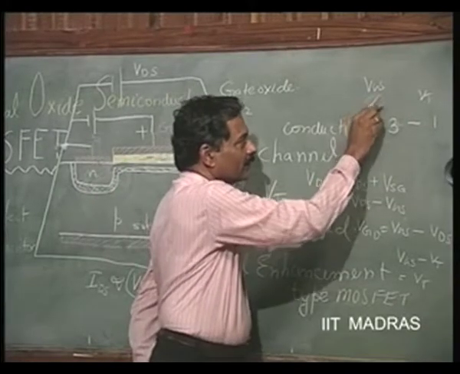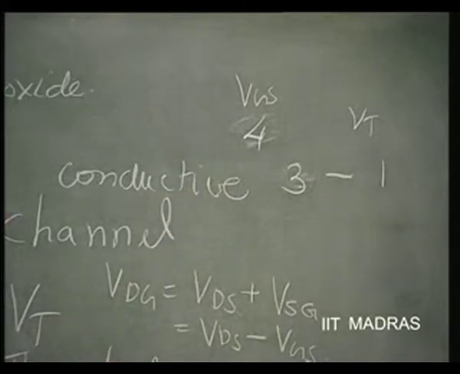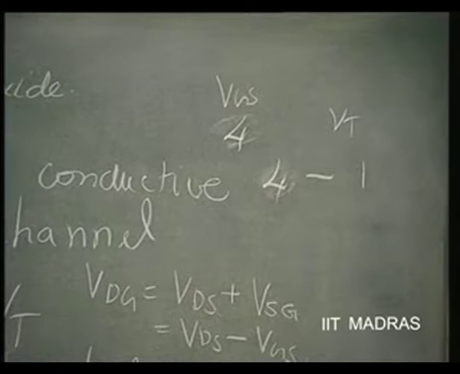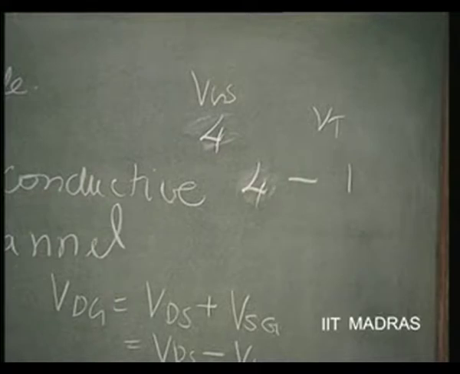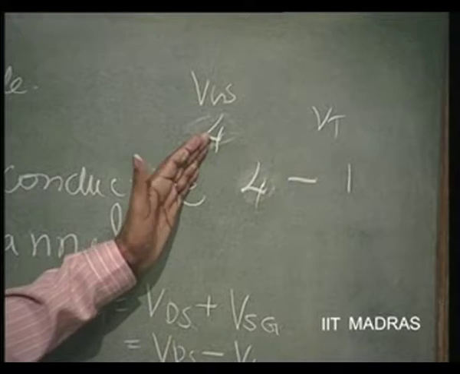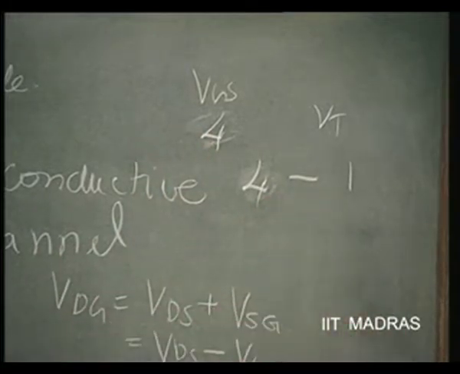Now VGS was increased to 4 volts, right. The channel width corresponds to throughout 4 minus 1 volt. When will the channel get closed? We will call this pinch off, pinching off the channel, right. So, the voltage at which pinch off occurs corresponds to a drain to source voltage of 4 minus 1 volt, 3 volts. So, if this is 5 volts, it will correspond to a voltage of 5 minus 1 volt, that is 4 volts.